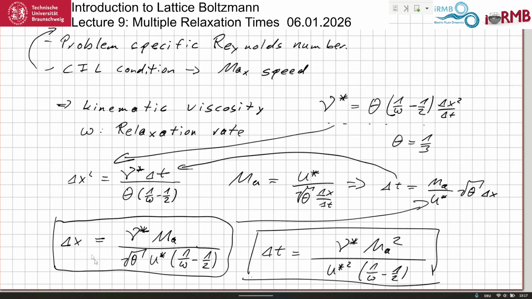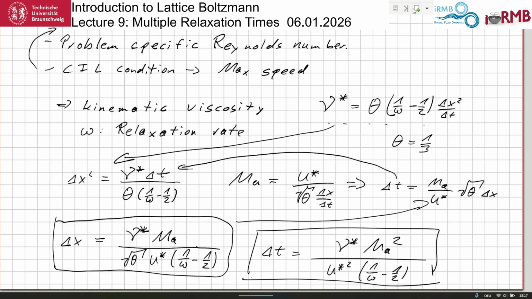So this is how delta x and delta t depend on the Mach number that we choose and the omega that we choose. And I remind you that nu and u are physical scales, so they depend on your problem, and you cannot choose them.